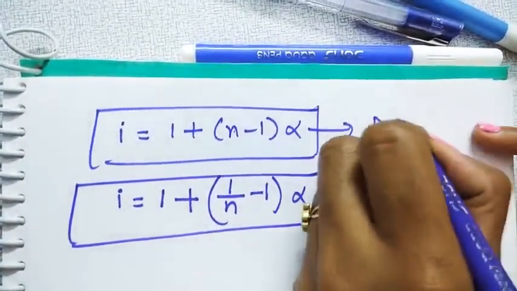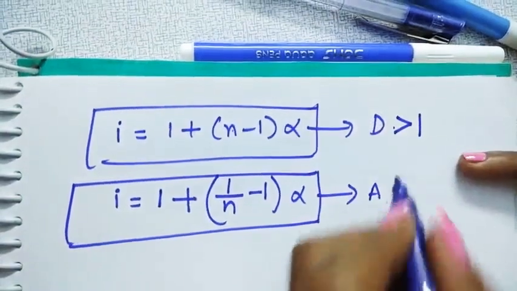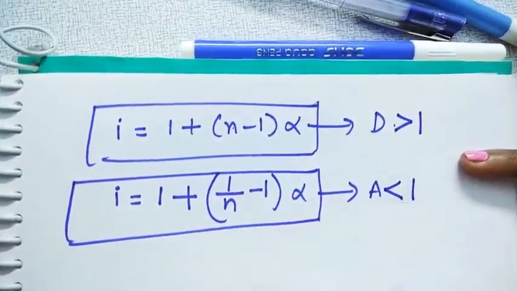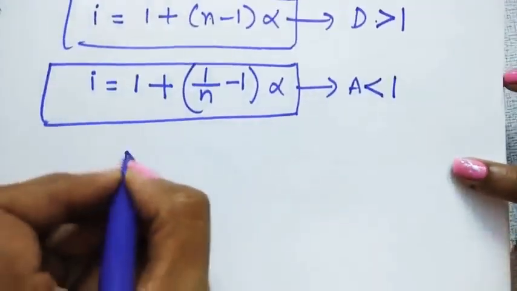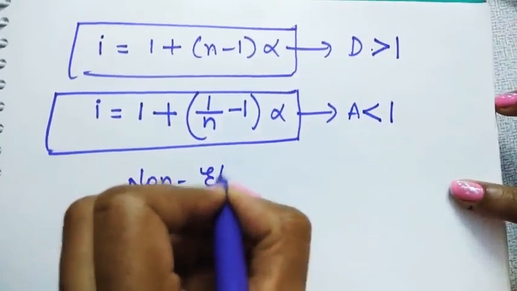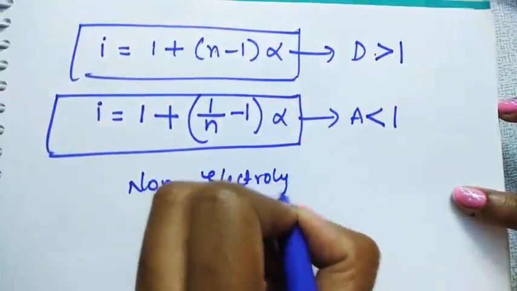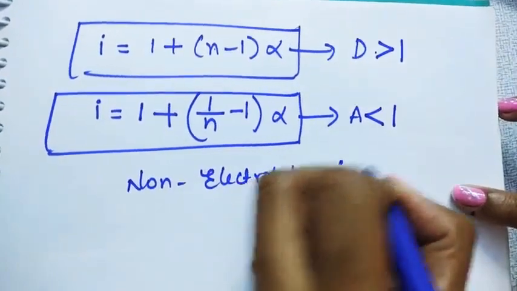In the case of dissociation, i is greater than 1. In the case of association, i is less than 1. For non-electrolytes, i is equal to 1.